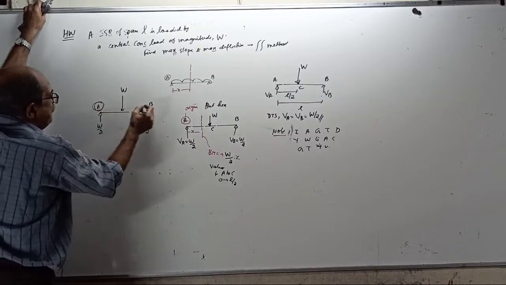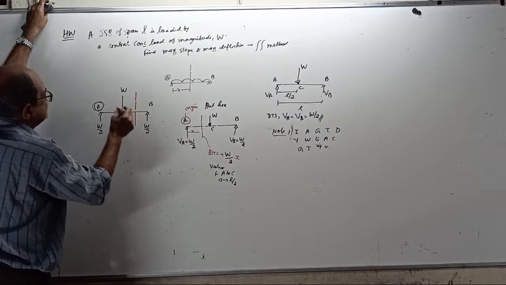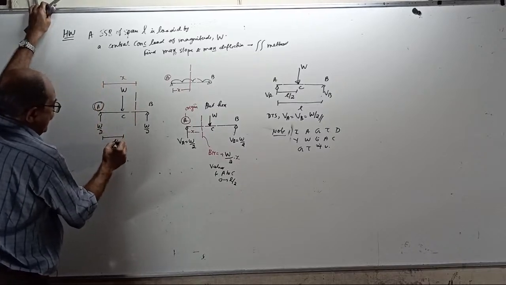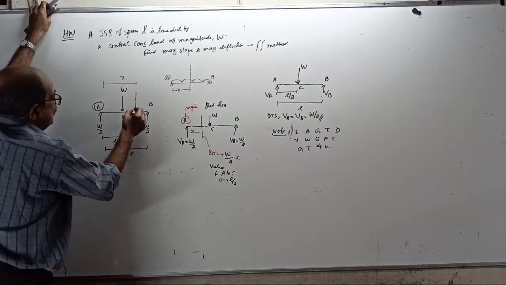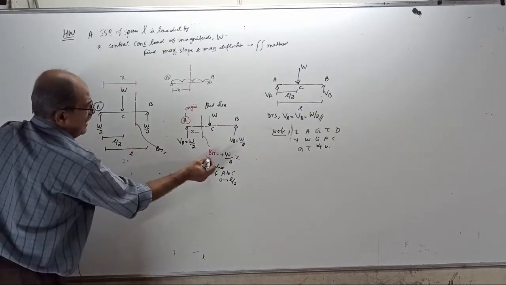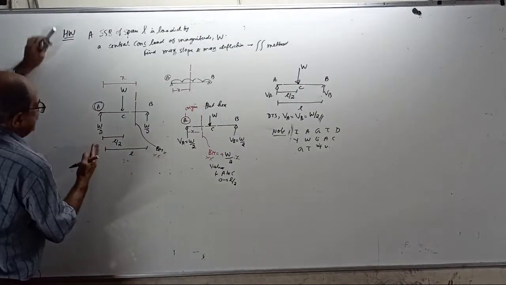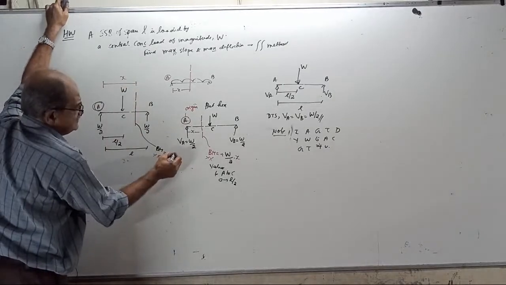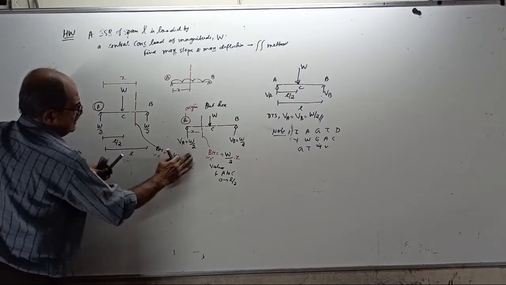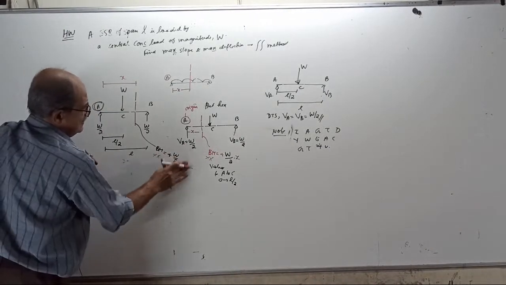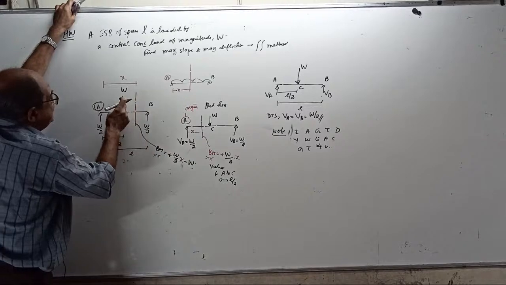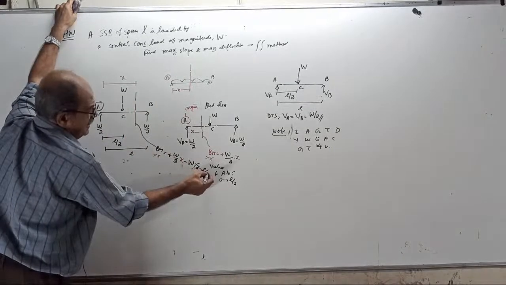This is A, B, C. If you take a section XX here at X from A, then this is L by 2, this is L. Your bending moment at XX will be W by 2 into X minus W into this distance, which is X minus L by 2.